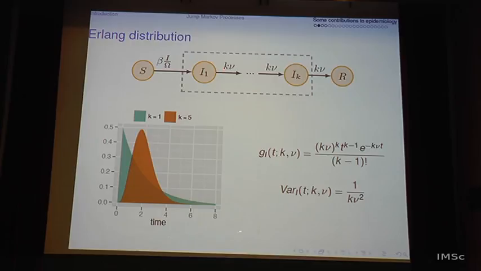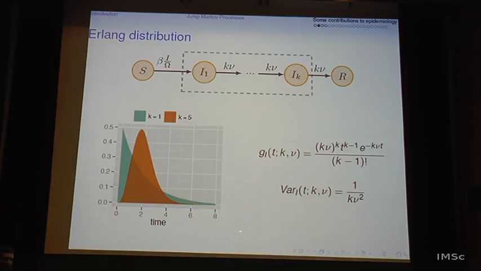The idea is that if instead of having one I compartment, I model k different I compartments, I1 to Ik, and the rate at which I exit any of these compartments is equal to k times nu, which is the inverse of the average infectious period, then I can obtain this kind of distribution. When k equals 1, this is the exponential distribution. But as k increases, the distribution becomes bell-shaped, looks more like a Gaussian, and eventually goes to a Dirac.